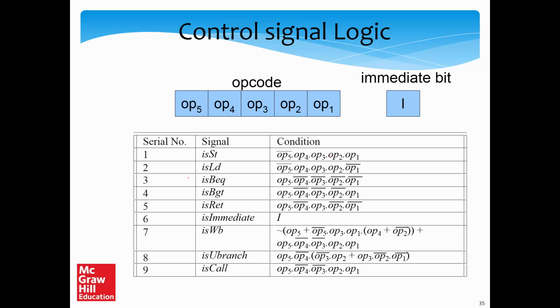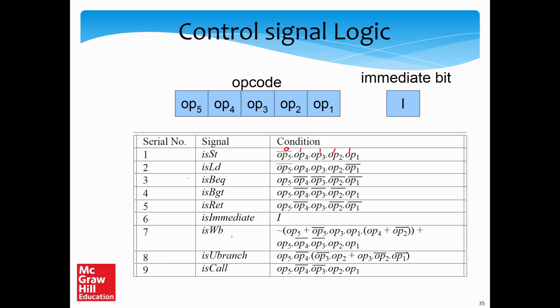This condition basically means that if the OP5 bit is 0 and the rest of the bits are 1, 0, 1, 1, 1, 1, we have the isStore instruction, the isStore signal is set to 1. Similarly, there are conditions for the rest of the signals.